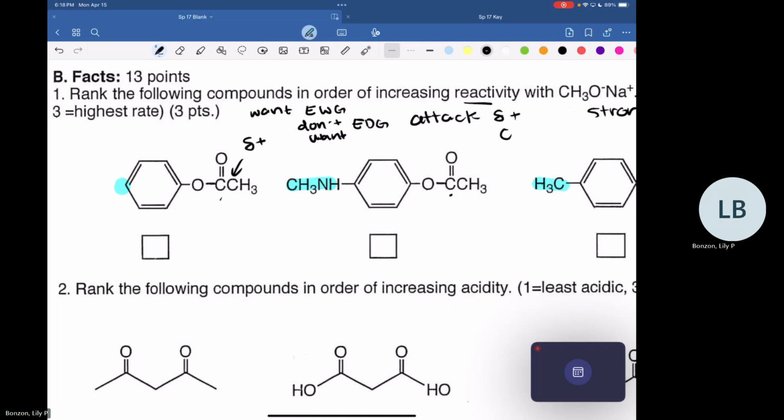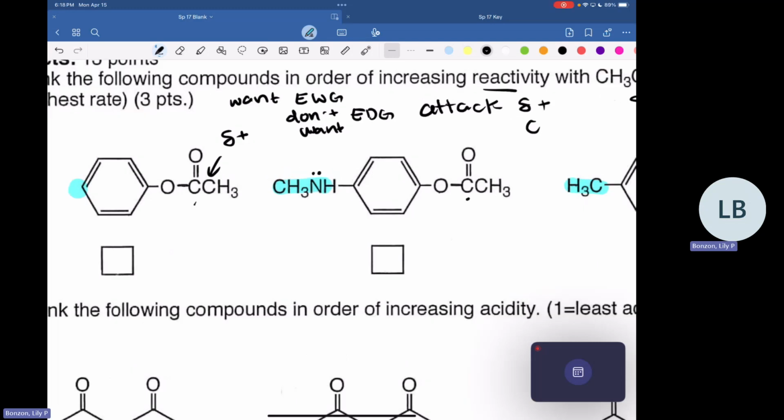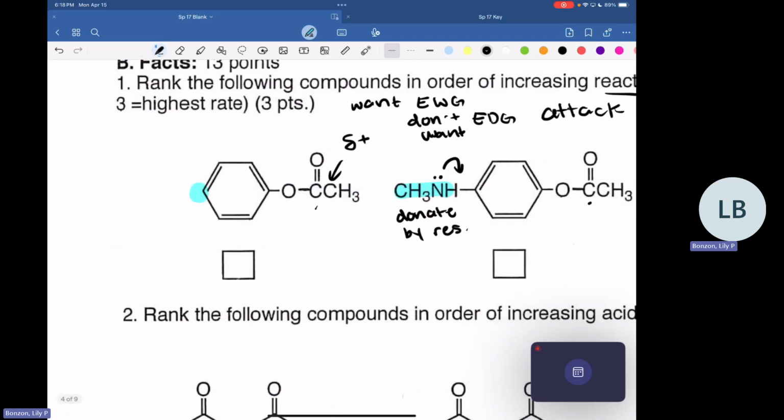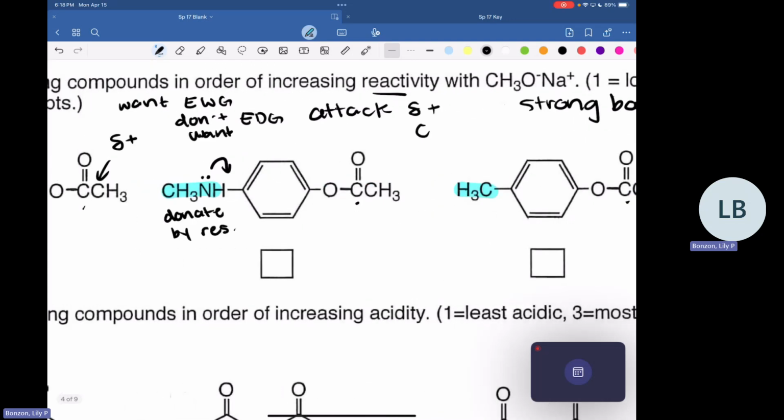Always remember, even if they're not drawn, nitrogen does have a lone pair. This nitrogen is actually going to be able to donate to the benzene ring by resonance. On the left we have nothing, so I'd probably look at that one last. Just compare the other two first.